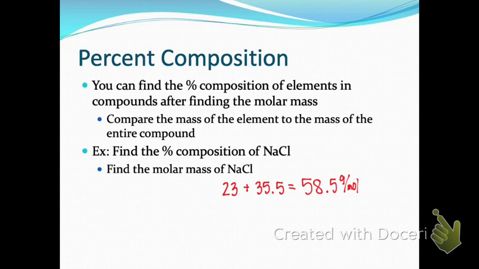Okay? So once we have that, we're going to compare the individual parts to the whole. So if I want to find the percent of sodium present in this molecule, I'm going to take the mass of sodium, 23, divided by the total. That's it, right?